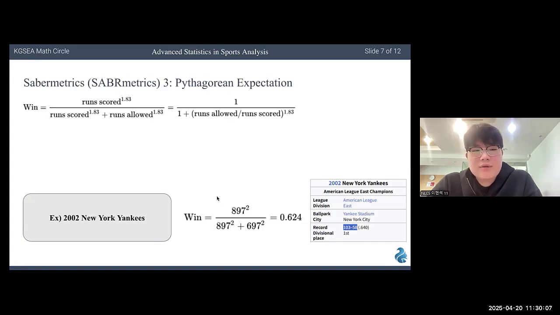According to that original formula, the Yankees should have finished with a win percentage of approximately .624. Based on a 162 game season, the 2002 Yankees should have finished 101-61. And they eventually ended up finishing 103-58, which does show a slight error, but generally proves that the Pythagorean expectation is highly accurate.